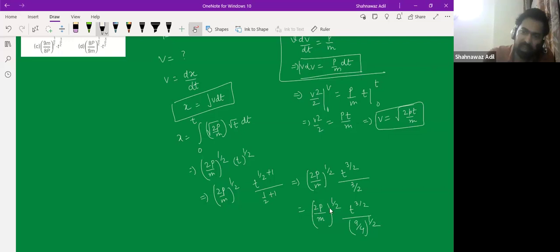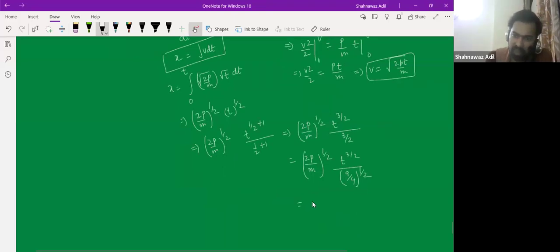So this thing I can now take in here. So what would this be? This is 8p by 9m power half, and then t to the 3 by 2. So that would be the x.